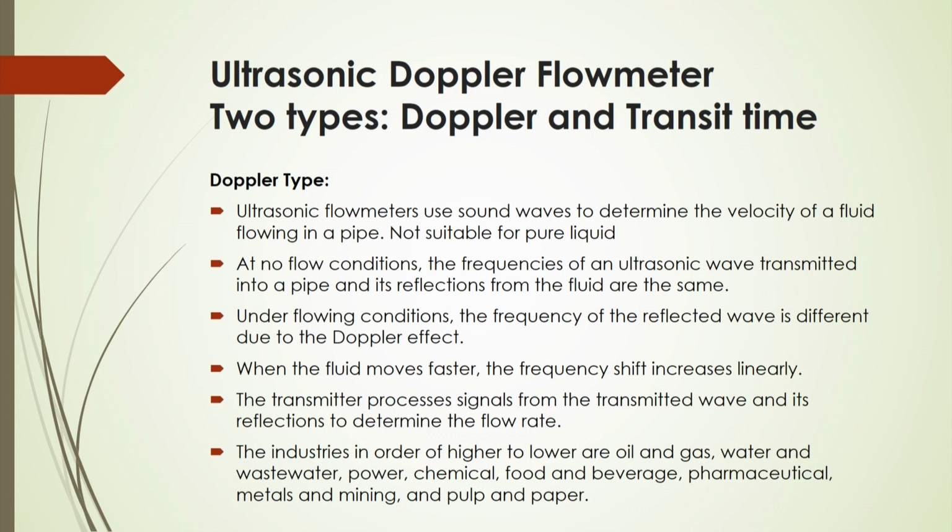At no flow conditions, the frequencies of an ultrasonic wave transmitted into a pipe and its reflections from the fluid are the same. Under flowing conditions, the frequency of the reflected wave will be different due to the Doppler effect, and when the fluid moves faster, the frequency shift increases linearly. The transmitter processes signals from the transmitted wave and its reflections to determine the flow rate.